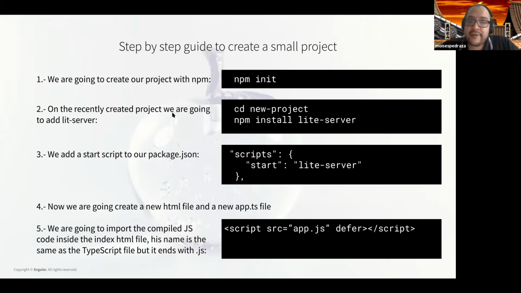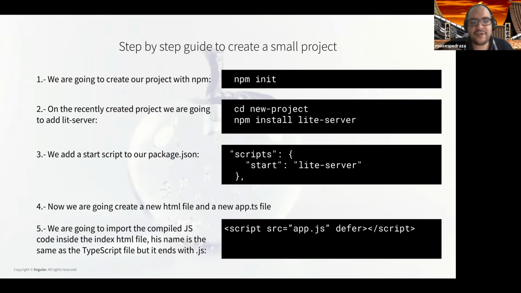On the recently created project, we're going to add lite-server. Lite-server is a small server that lets us run your application on localhost. But the cool thing about lite-server is that whenever you make a change on your code and you save it, it will refresh the browser.